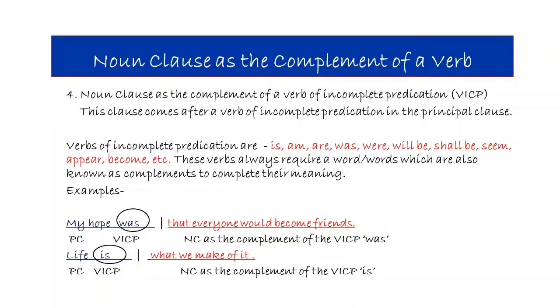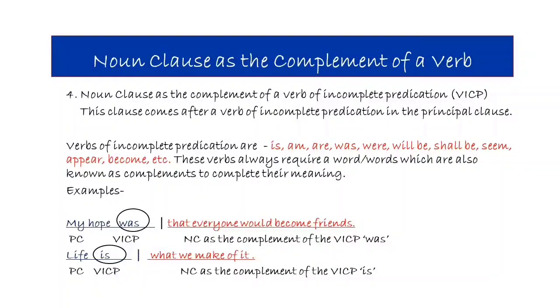For example, my hope was that everyone would become friends. Here, my hope was is the principal clause. That everyone would become friends is the noun clause functioning as the complement of the verb of incomplete predication was.